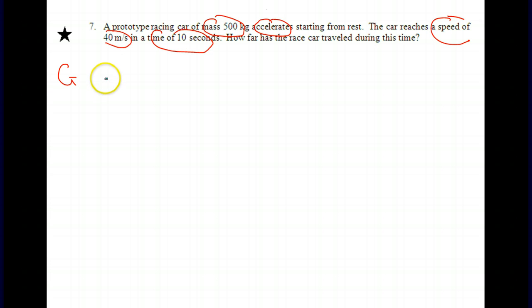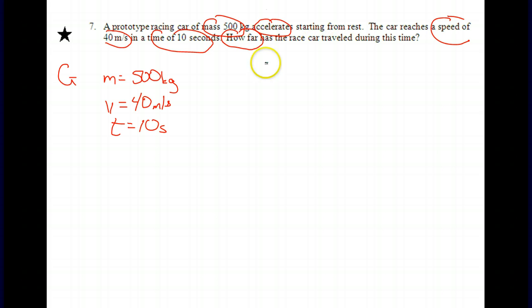We've got, again, a mass of 500 kilograms, a speed of 40 meters per second, a time of 10 seconds, and then our unknown for this one is how far has the car traveled during this amount of time. All right, so that is our unknown, how far.